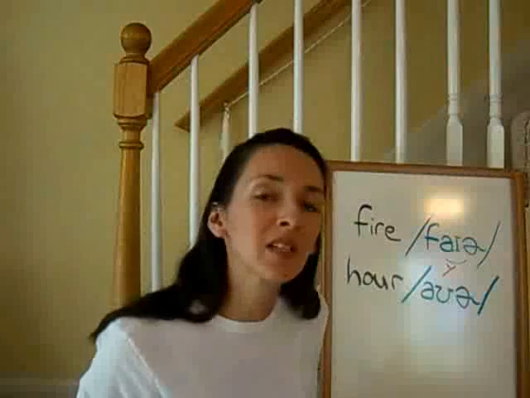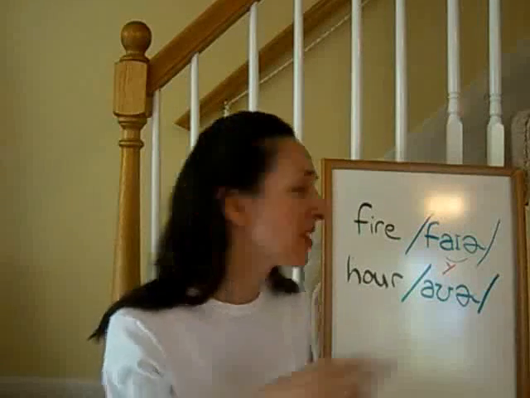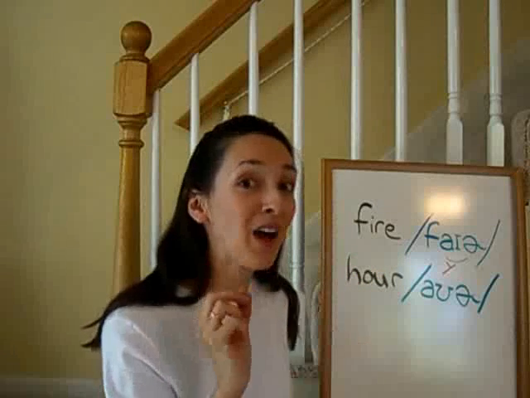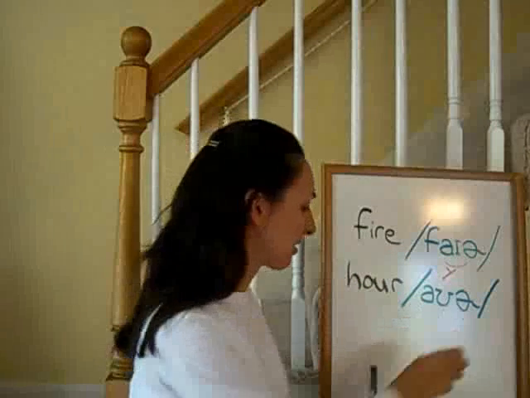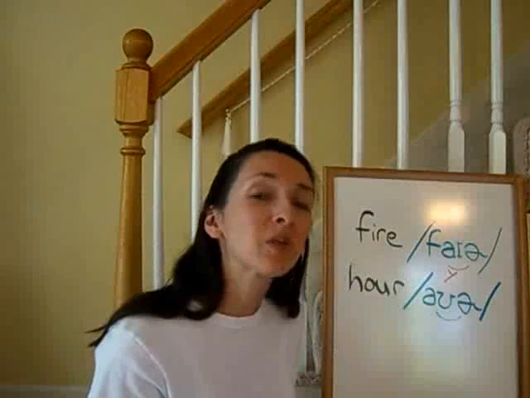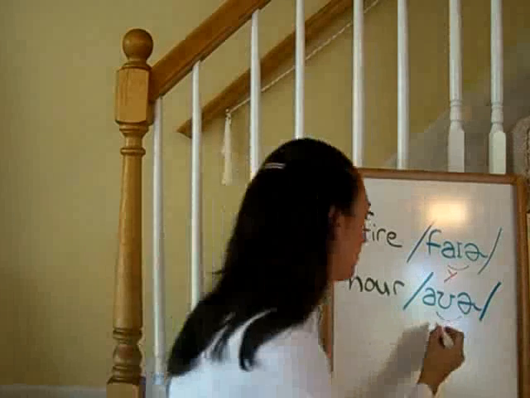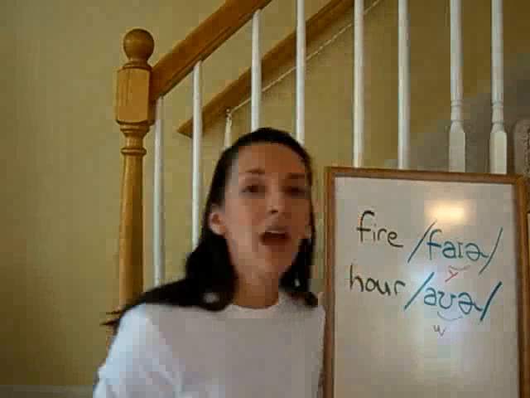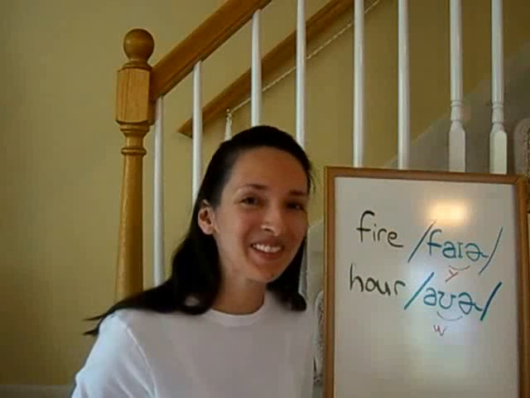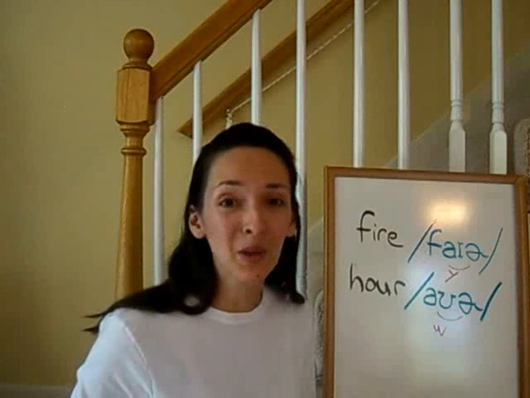If you listen closely, there is the Y sound that connects the 2 vowels. Down here, the sounds connect with the help of the W sound. Hour, hour. Get it?